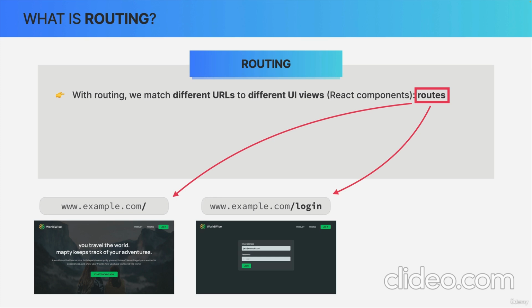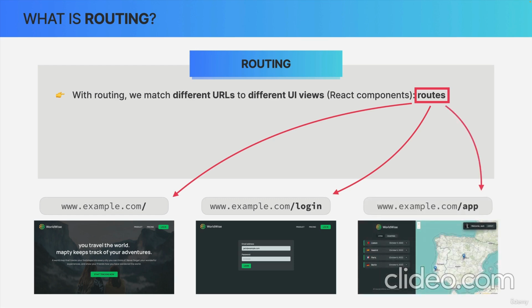And if they log in successfully, we can then redirect them to the /app path. So to show them the app screen like this. So in this example, we have 3 routes that the user can visit: the root URL, /login, and /app, which will all render different React components.